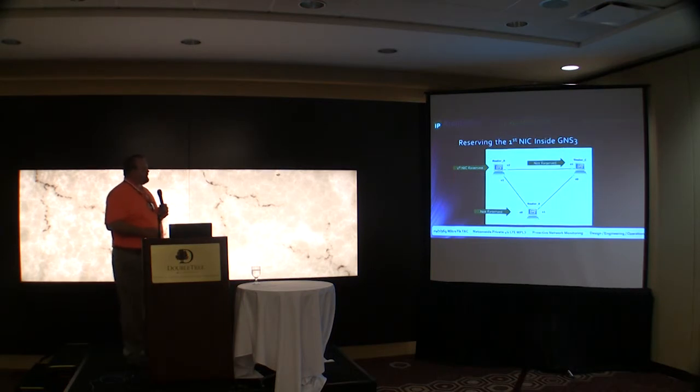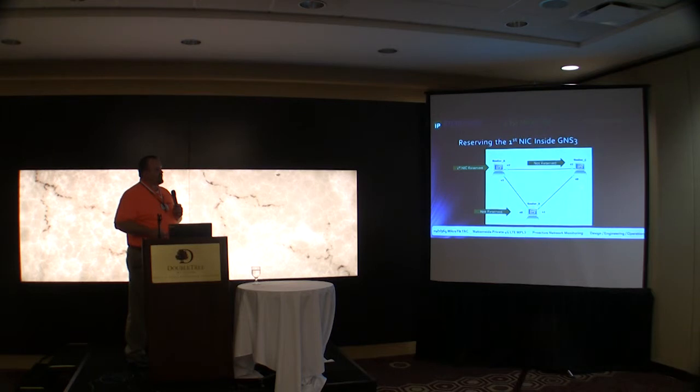Here, as you can see, router A has the first NIC reserved, and this is what I was talking about with the Ethernet interfaces. These two routers do not, so where it's not reserved, I can console directly into those. And with this one, I couldn't.